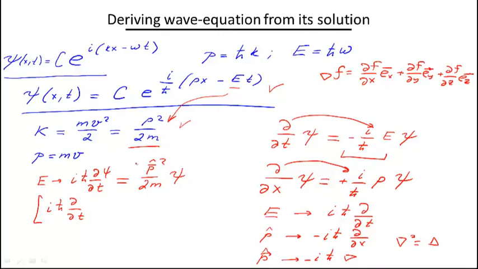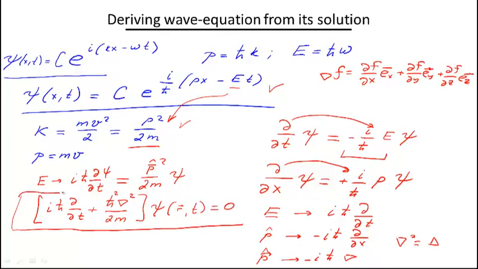So moving this p squared over 2m to the left hand side, I can write it as plus h bar squared Laplacian divided by 2m, and this whole thing acts on the wave function, which in the three-dimensional case is a function of the position, three-dimensional position r, and time t. And this equation is the free Schrödinger equation, which we sort of derived.